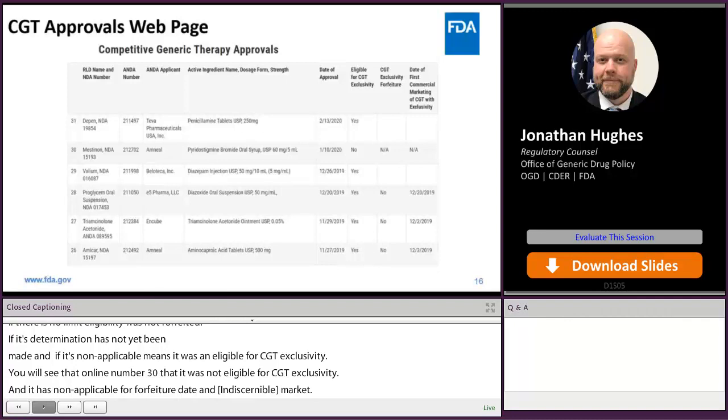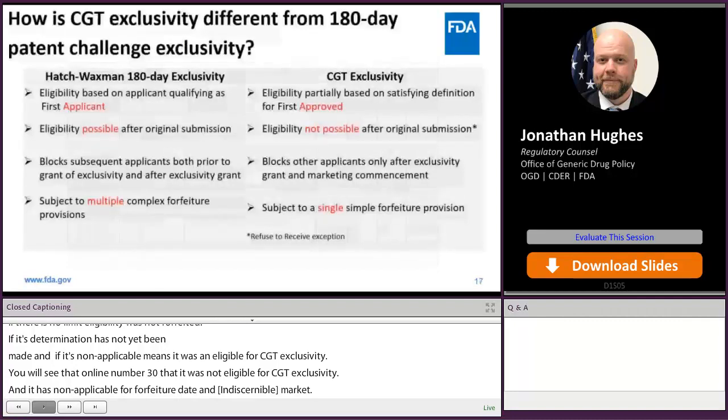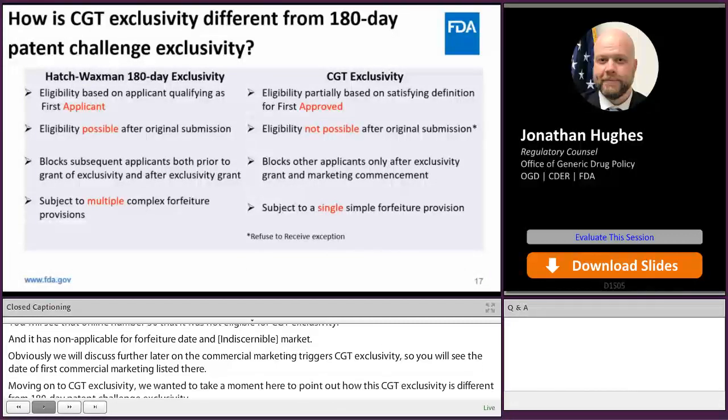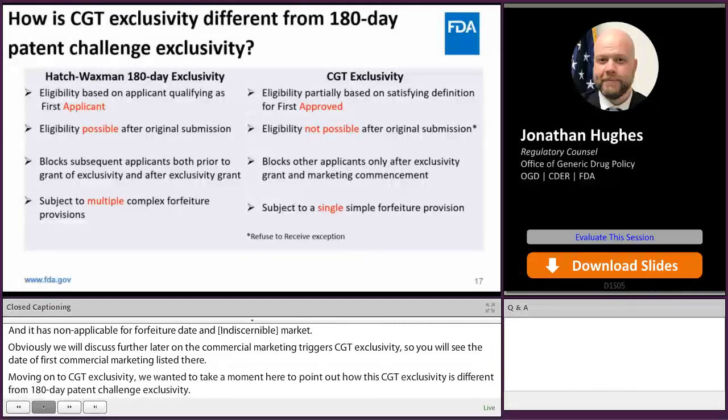Moving on to CGT exclusivity, we wanted to take a moment here and point out how this CGT exclusivity is different from 180-day patent challenge exclusivity. So the exclusivity itself is newly created under FDARA along with the CGT designation itself.